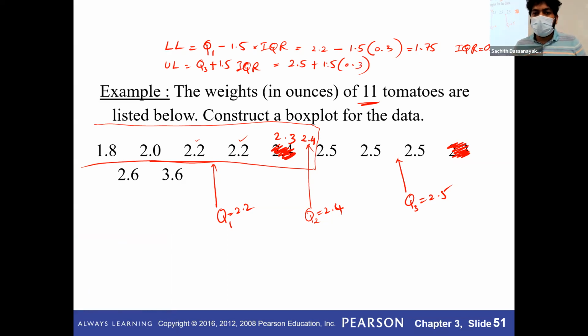Sorry, this is not 15, this is 1.5. So again it is 0.45. You have to add it to 2.5, so it is 2.95. Now you have figured out the lower limit and upper limit. Clear?